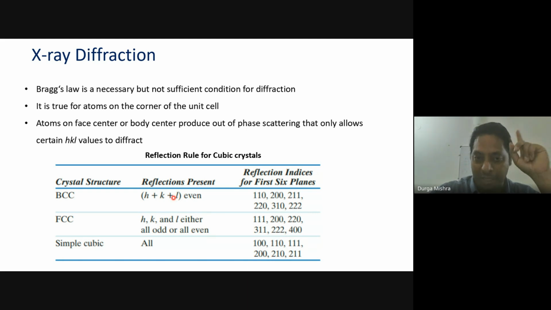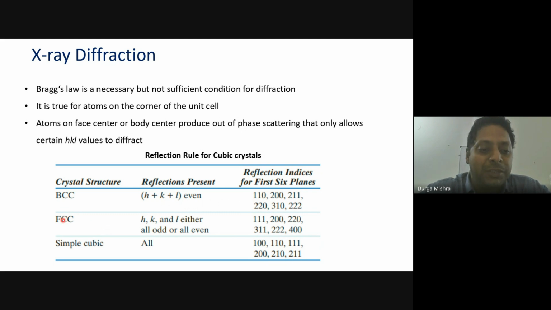So Bragg's law has to be satisfied, and in addition you also have to satisfy this condition: h plus k plus l should be even. In that case you will have a reflection from the 110 plane, 200 plane, 211 plane, 220, and so on. If you add up hkl, they will always be even. That means in a BCC crystal, I will not have a diffraction peak corresponding to the 111 plane.